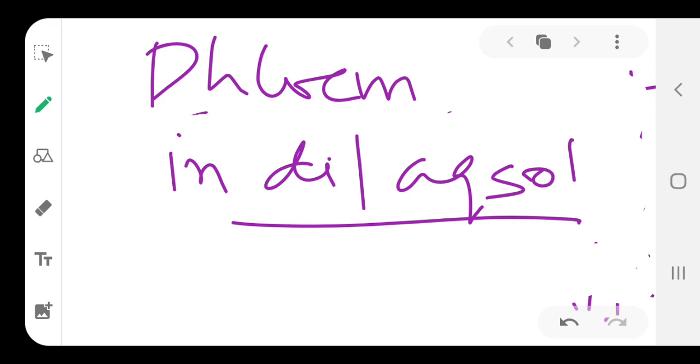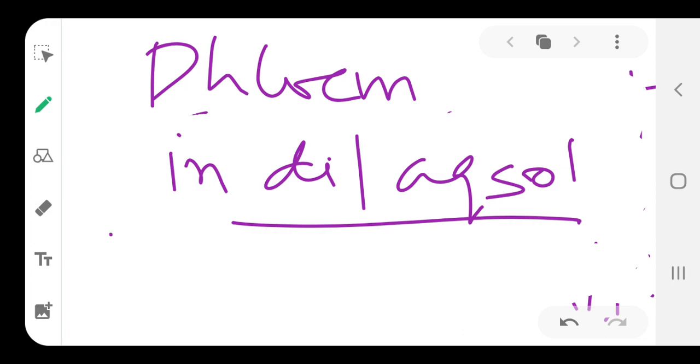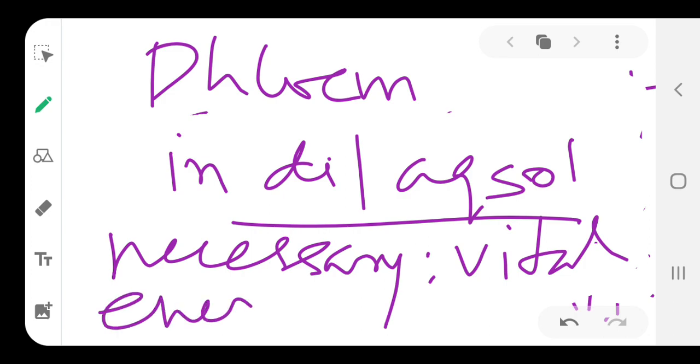And the translocation of organic solutes is necessary for the plants in order to carry out various vital functional activities, such as getting energy for maintaining life processes.